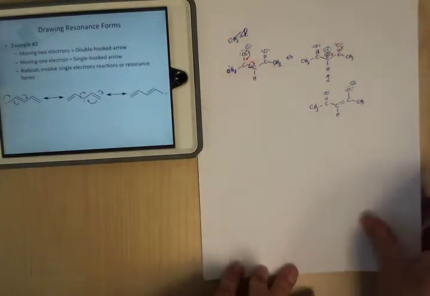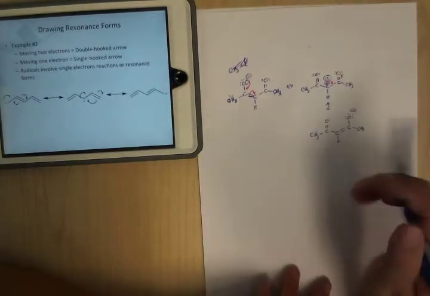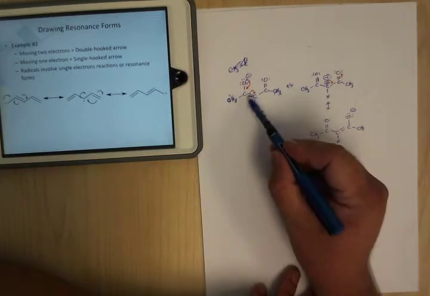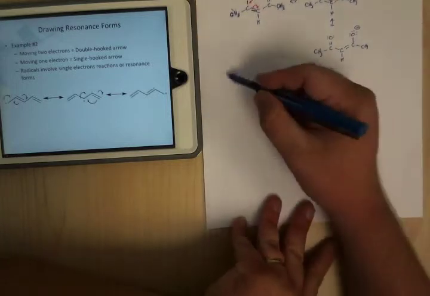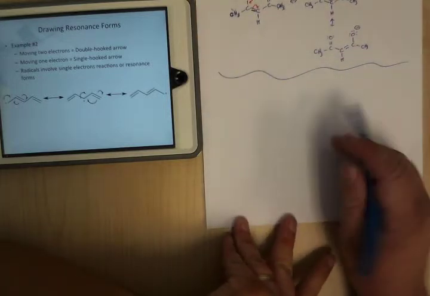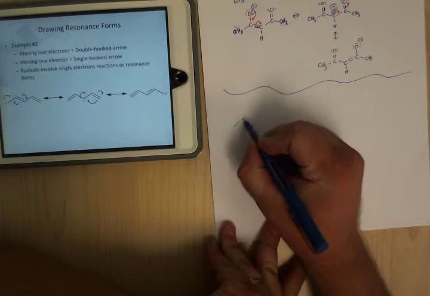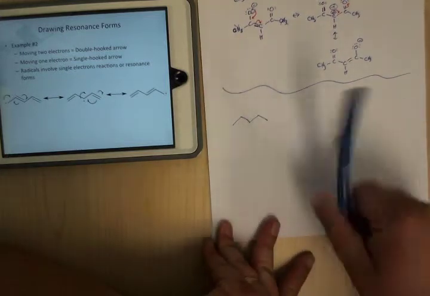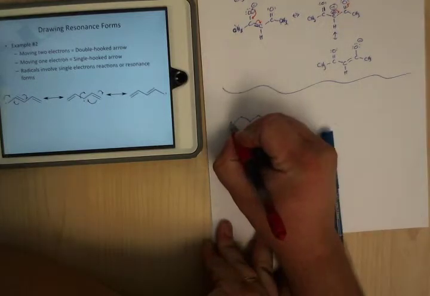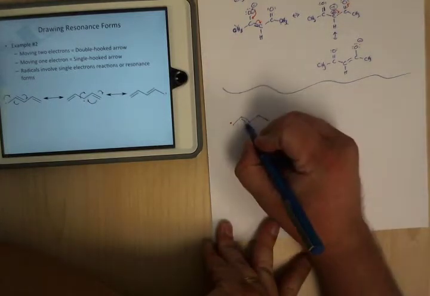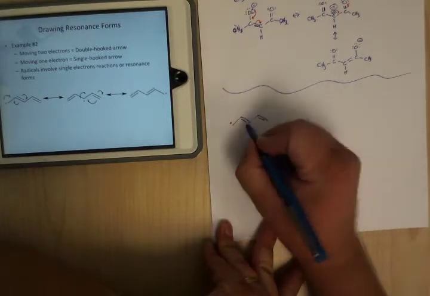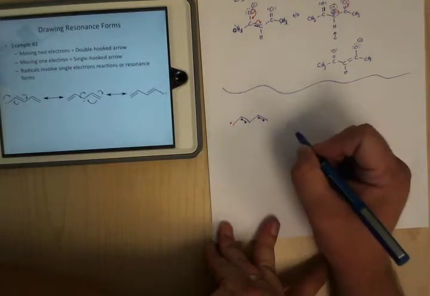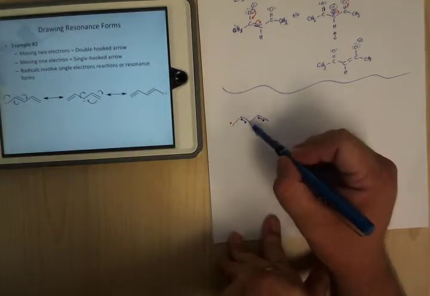Okay, now the other option we could do is, here we did full arrows, which meant we have 2 electrons moving around. The other option is to do single-headed arrows, to just move 1 electron around. So now if we have an electron here, there and right there, remember each one of these bonds has 2 electrons, and each can participate.